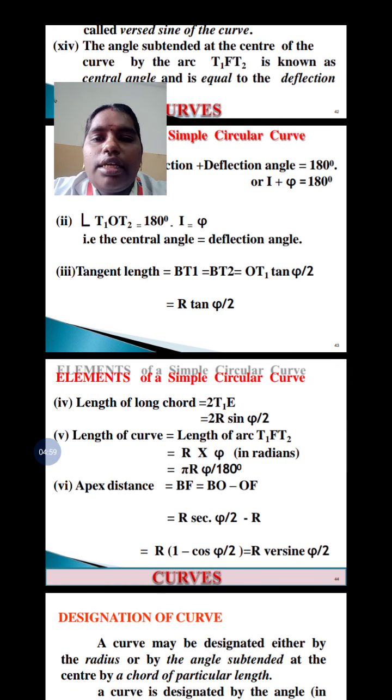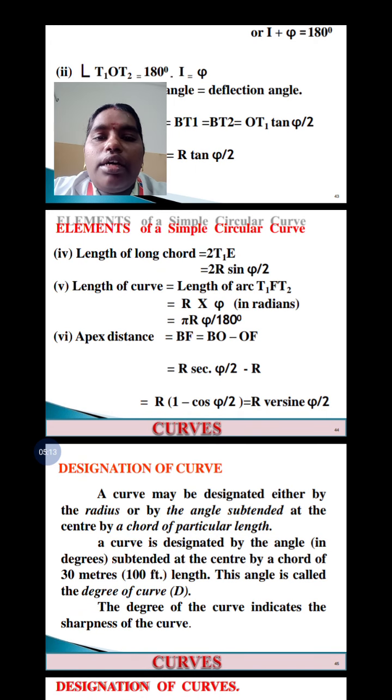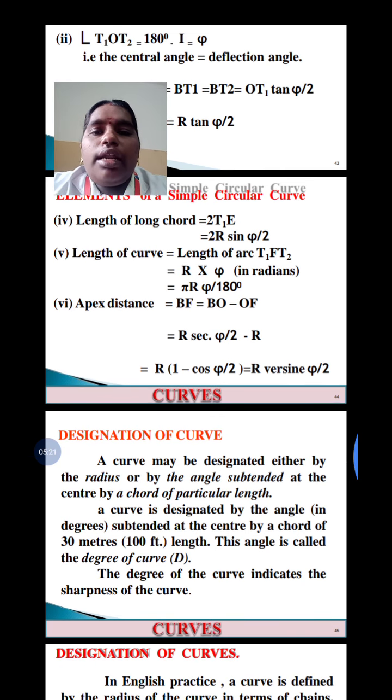Next one, tangent length. The formula for tangent length is R tan psi by 2. Here R means the radius of the curve, psi means the central angle of the curve. Next one, length of long chord. Length of long chord is equal to 2R sin psi by 2. Next one, length of curve.